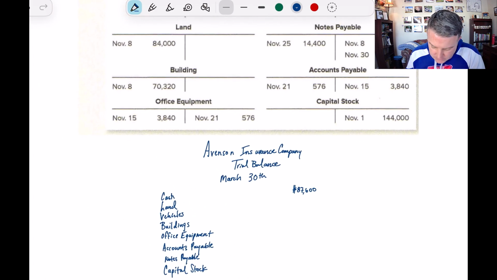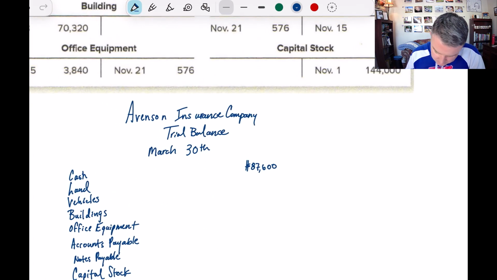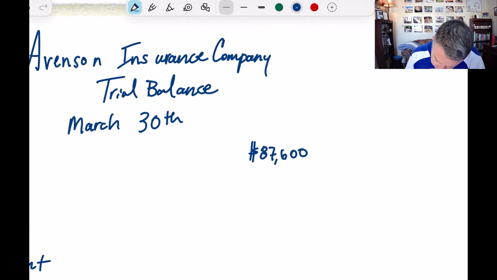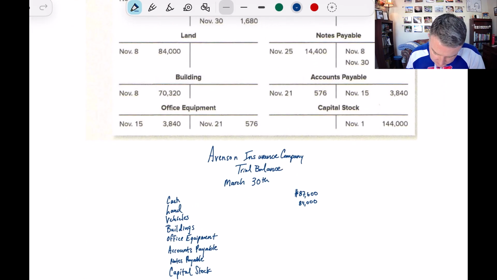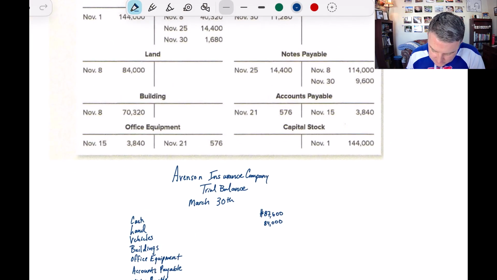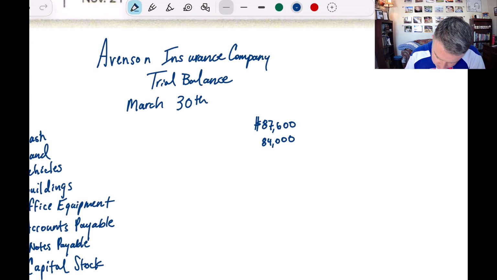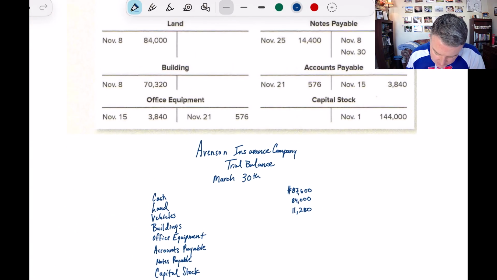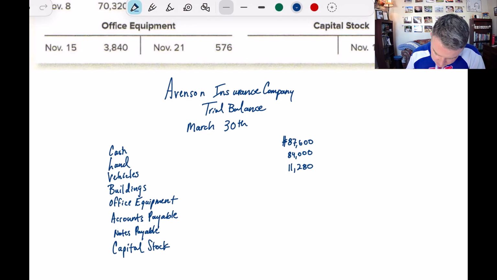Okay? And we can do the same thing for land. Well, land, there's only one transaction there, so it's 84,000. I'm just going to write 84,000 underneath for land. And then our next one was vehicles. So vehicles, again, only one journal entry impacted that account, so 11,280. Buildings are next. So buildings, again, just one journal entry, so we don't need to do any math.